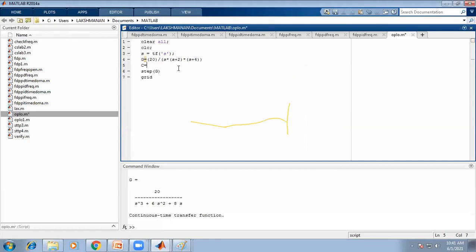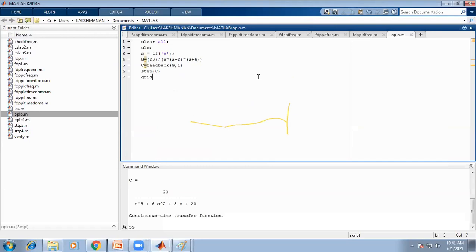C equal to feedback of G comma 1. So now I'm checking the closed loop response of the system. In open loop response, the output does not reach.